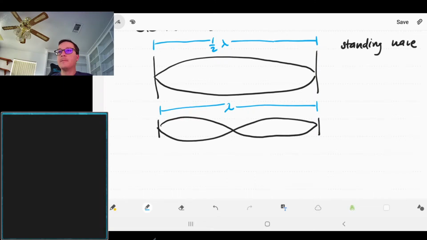What's important to understand here is that there is going to be a point at which the wave has canceled itself out. There's a point where it's 0. We ignore the points at the ends; we're just looking at the middle here. These standing waves will also match the ways that the electrons occupy our orbitals. These will determine their shape.